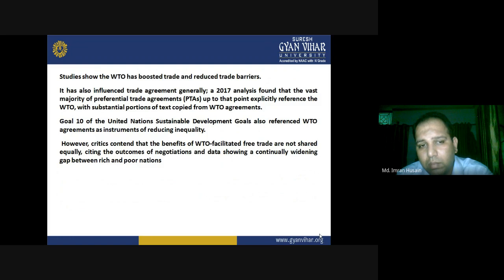But the critics contend the benefits of WTO-facilitated free trade are not shared equally. So, critics say that the WTO is facilitated by the rich countries, and they do not favor poor countries equally, citing the outcomes of negotiation and data showing a continually widening gap between rich and poor nations. So critics are constantly saying that your policies are widening the gap between rich and poor nations. Everyone is not getting benefited equally.